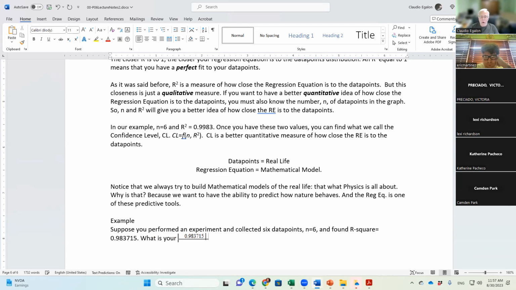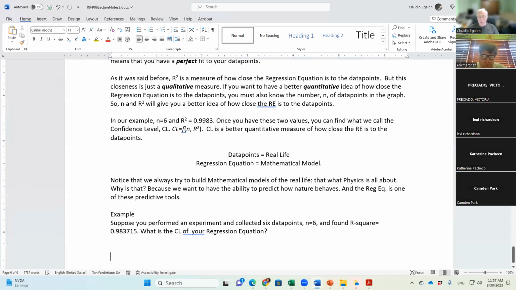What is your confidence level? What is the CL of your regression equation? That's an example.